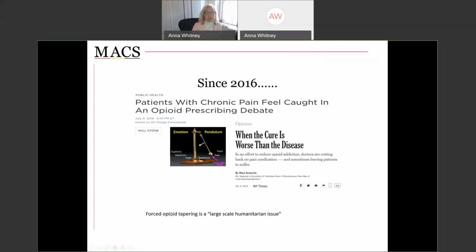And the reason they mention this is because there was fear and panic on the part of physicians who were being told opioids have no role or very limited role in chronic non-cancer pain.